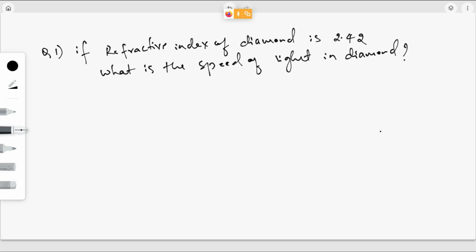Okay, so what you need to assume, you have a diamond here, and light is traveling from air to diamond. Okay, it will bend here. Light is traveling from air to diamond.